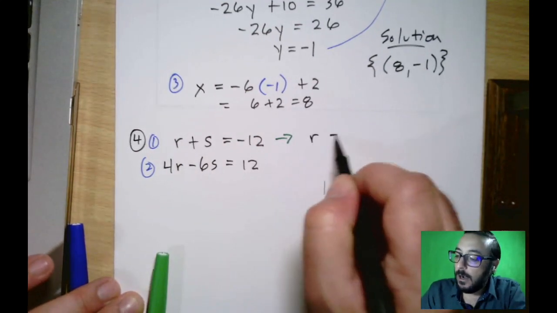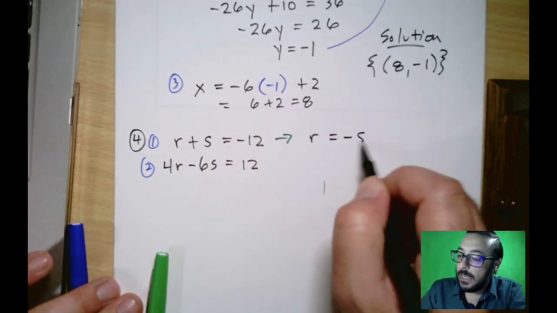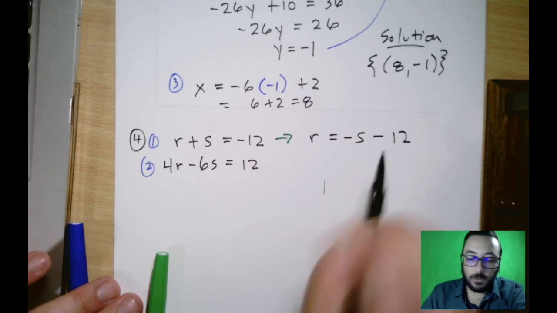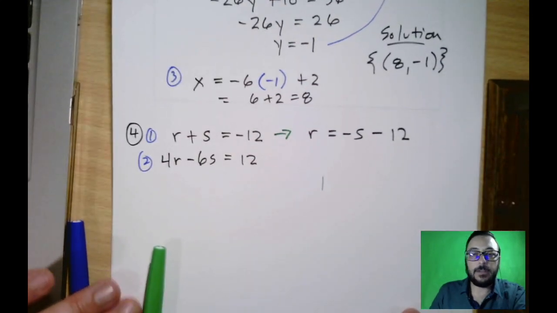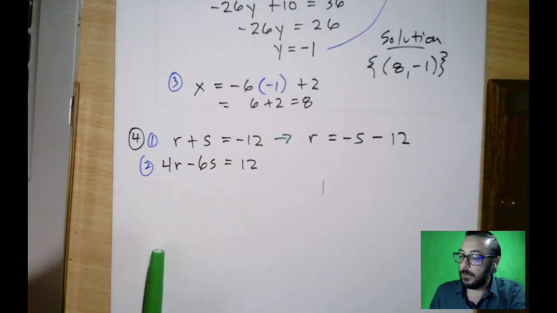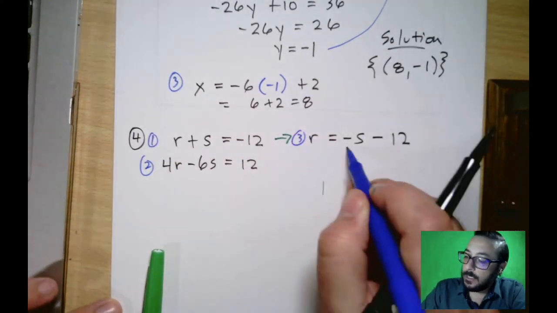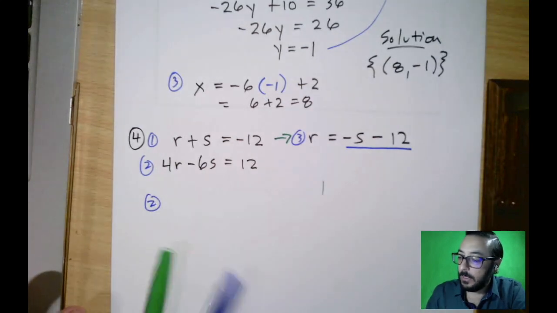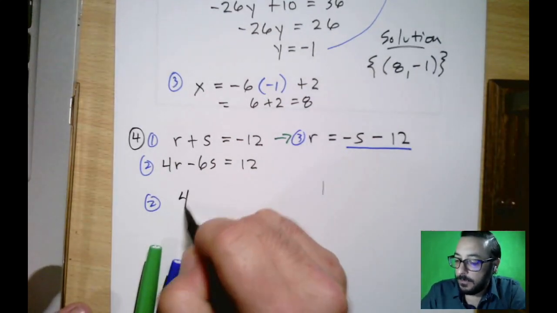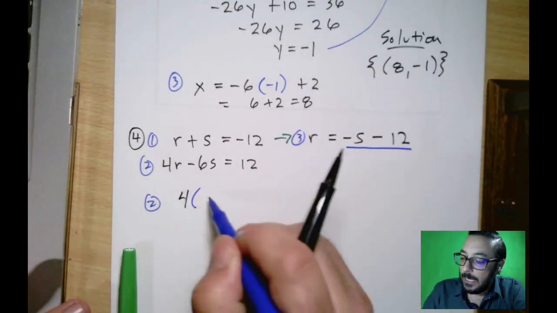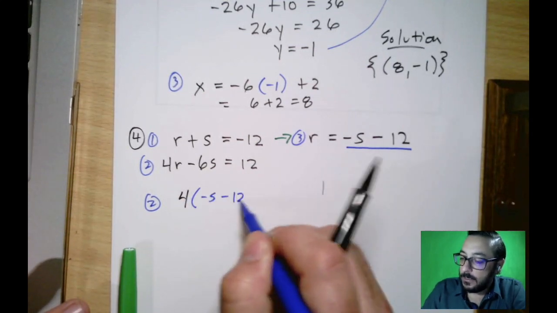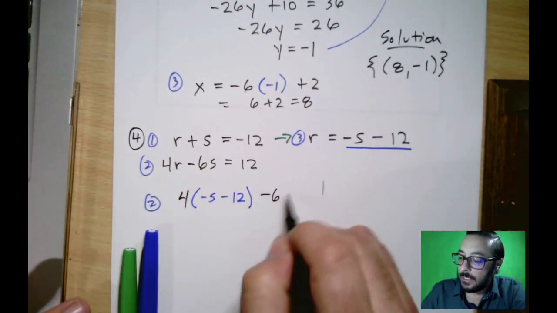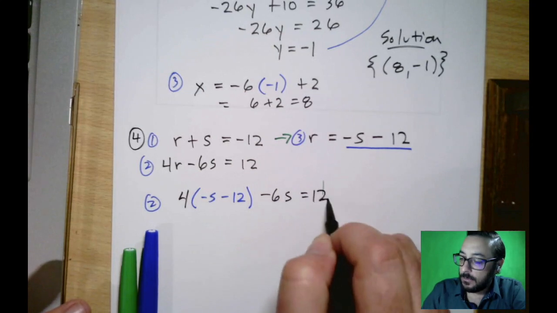So to isolate r, we just subtract s, so we get negative s minus 12. Okay, so r equals negative s minus 12 is going to be our third equation. But we're going to substitute this expression into number 2. So it's going to be 4 times negative s minus 12 minus 6s equals 12.